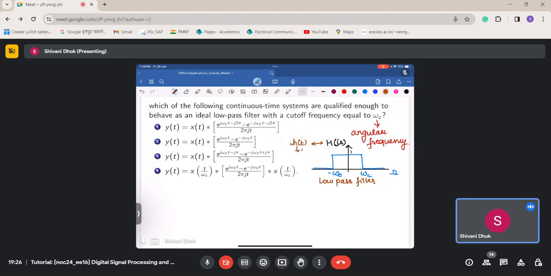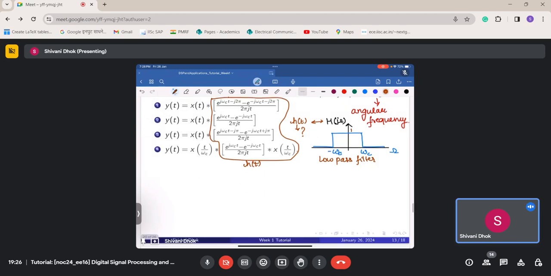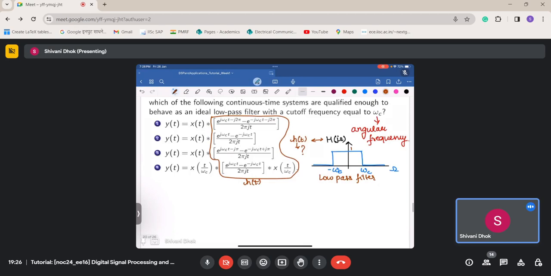These filters are LSI or LTI systems, and that's why we can represent the input output relation through the convolution operation. So the question is simply: we need to find the inverse CTFT of this Fourier transform.